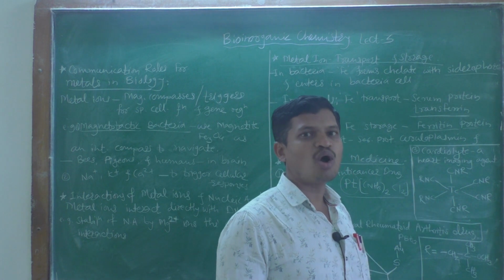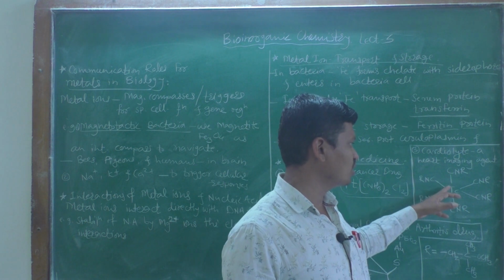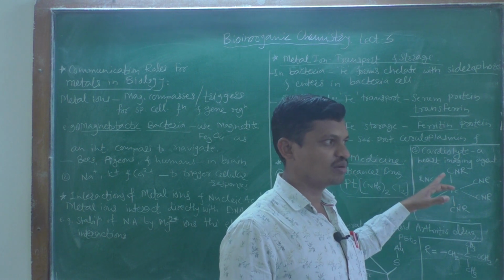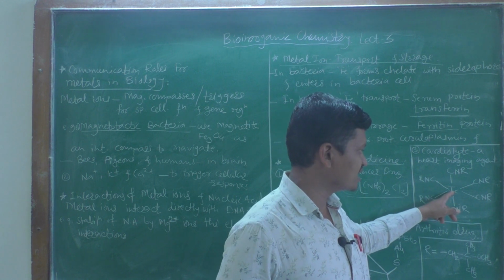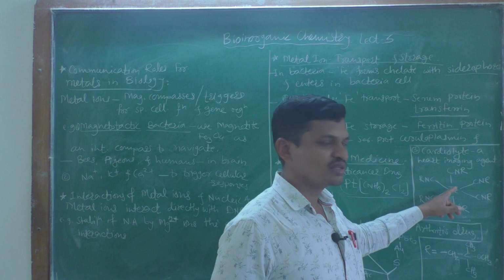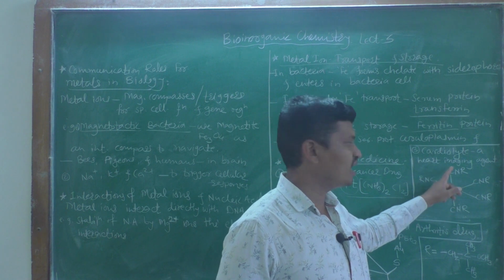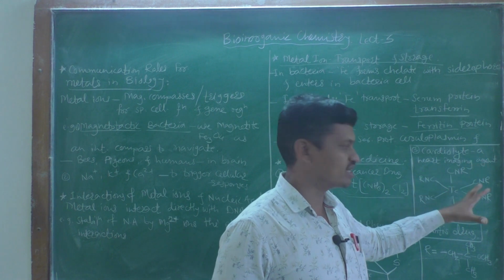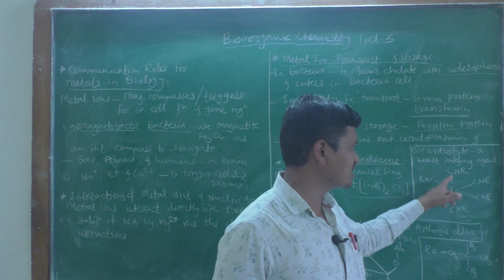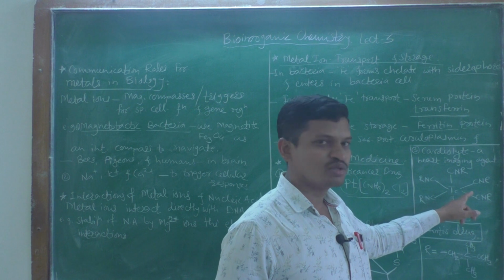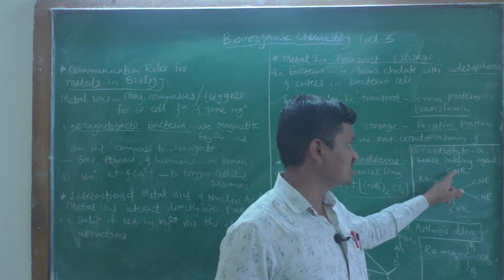So it is an octahedral type of coordinate complex, with central metal technetium Tc, and to this technetium CNR groups are present. Sorry, all 6 coordinate bonds are coordinated to this CNR group.